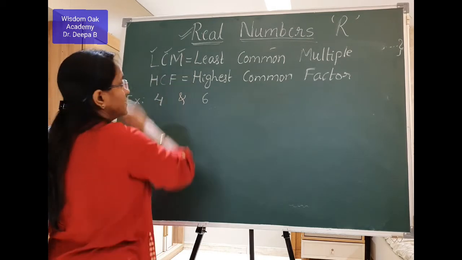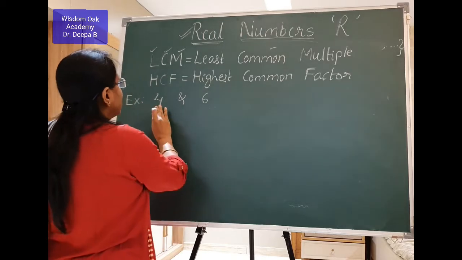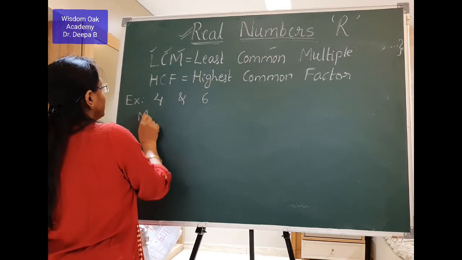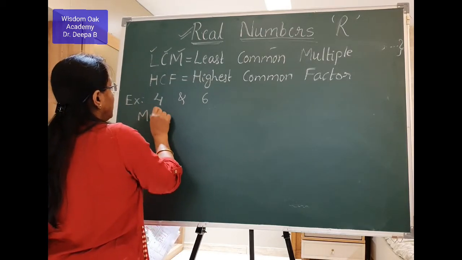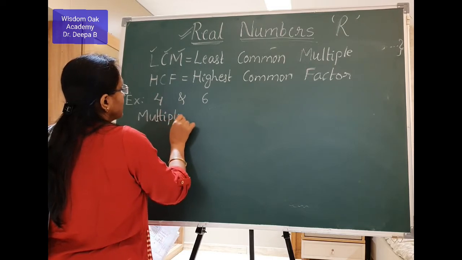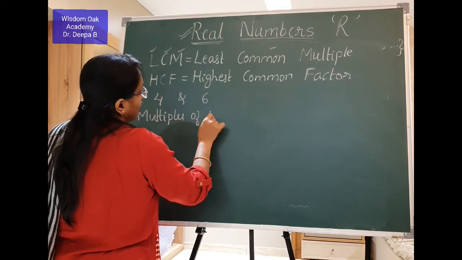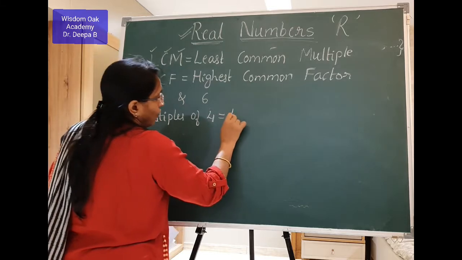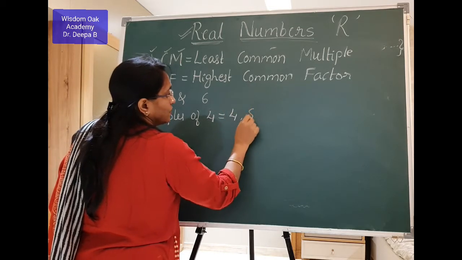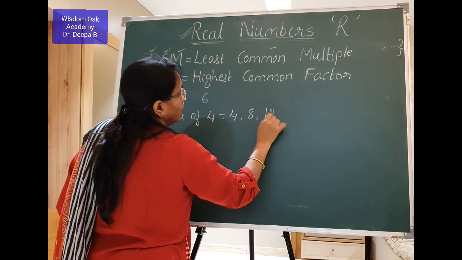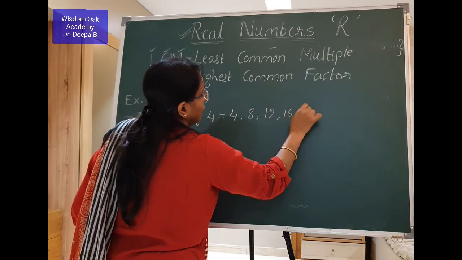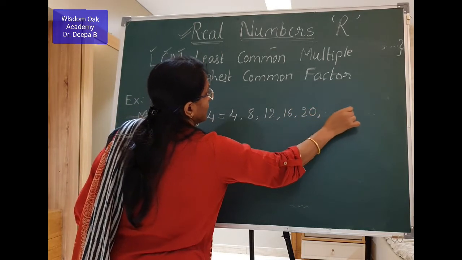We'll start with multiples. Let us write down the multiples of these two numbers. Multiples of 4: 4, 8, 12, 16, 20 and so on.